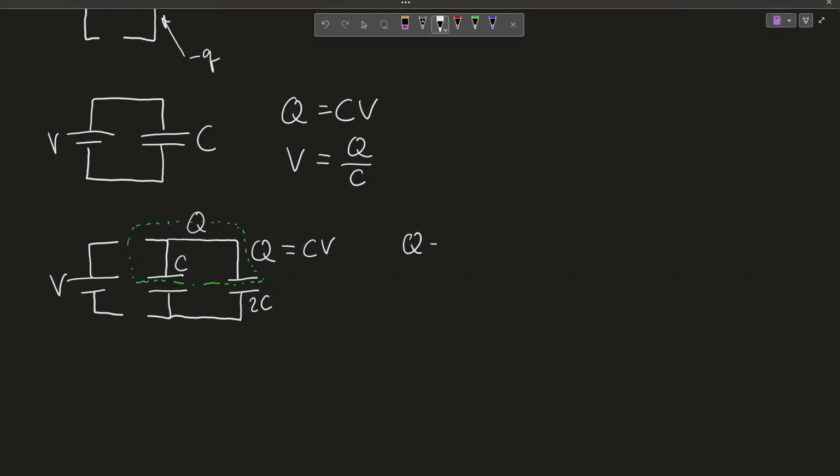So of course Q1 plus Q2 must be equal to the big Q. And then also, we know their voltages must be the same because they're both connected on either end. So the voltage of each capacitor, well, you can see the equation right there: V is equal to Q over C. So V is equal to Q1 over C, which is going to be equal to Q2 over 2C.